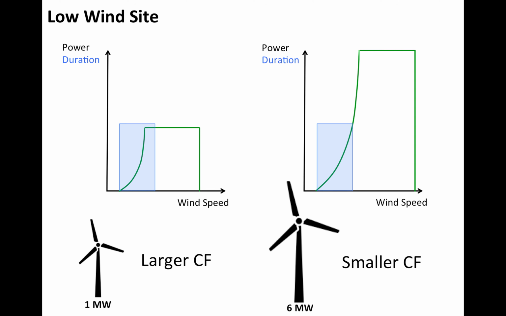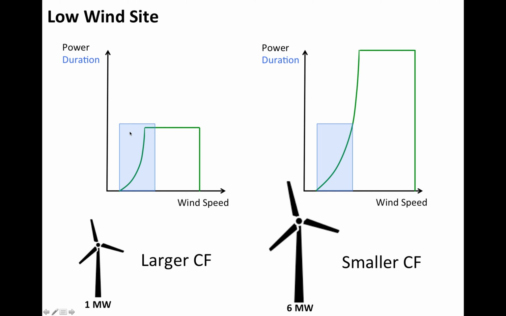In a more realistic situation, suppose at a certain site the wind actually blows for about 4 months. We're looking at a wind speed histogram here, but this histogram just has one bar in it. The vertical axis is duration, 4 months per year.